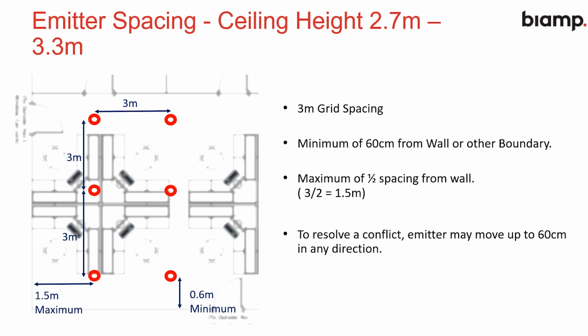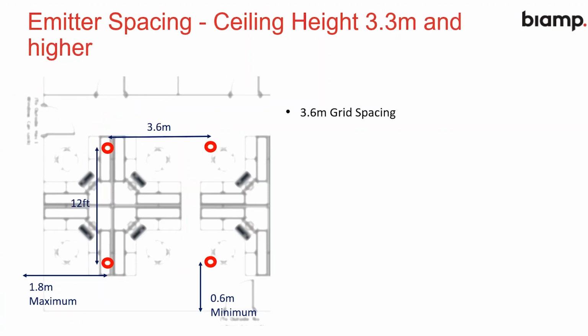And again, as we said previously, we could move any emitter 60 centimeters in any direction without affecting the performance of the system. The same for the highest category. So this is where we have a 3.6 meter grid spacing, and the same principles apply again.